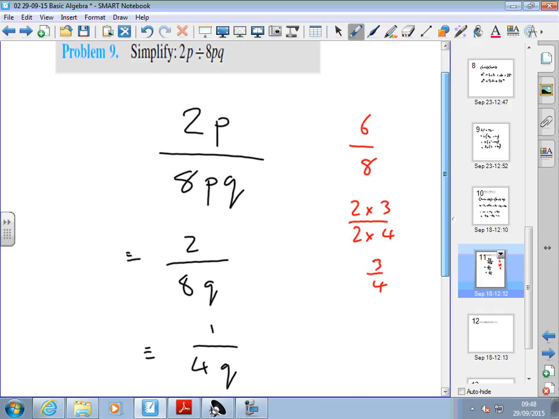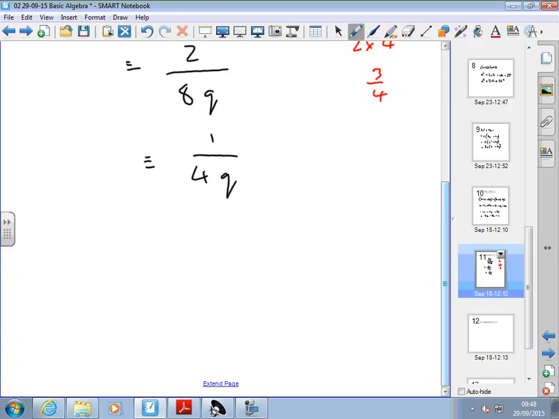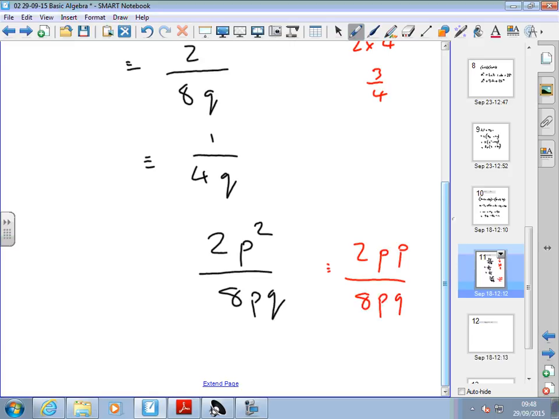What if I had 2p squared over 8pq? Now I think to myself, well, that's like 2pp over 8pq. I wouldn't necessarily write that, but that's what I'd think. So now I can cancel p's, top and bottom. So I'm left with just 1p on the top.